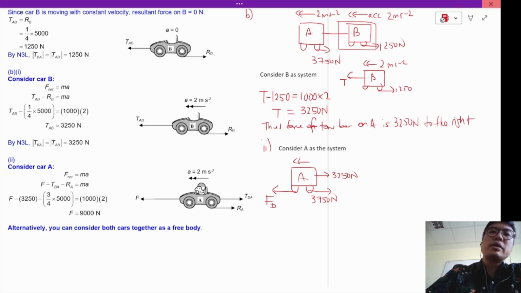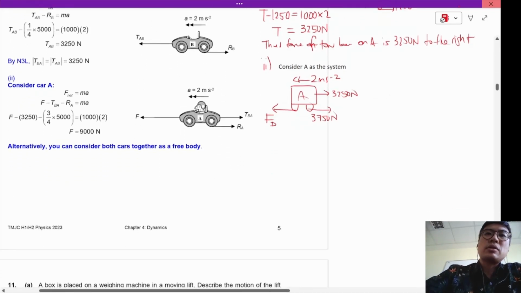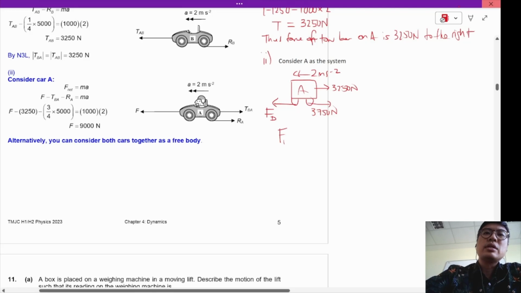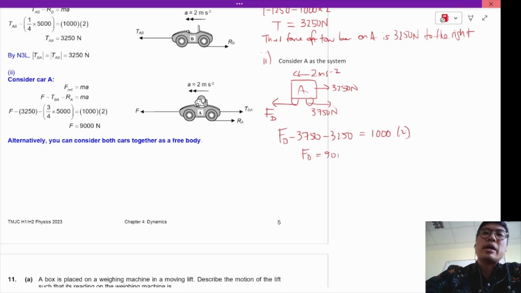And over here, this is the acceleration of 2 meters per second squared. As you can see, the net force is going to cause acceleration. So Fd minus 3750 minus 3250 is equal to the mass of A multiplied by the acceleration. So this gives us Fd is equal to 9,000 newtons to the left.